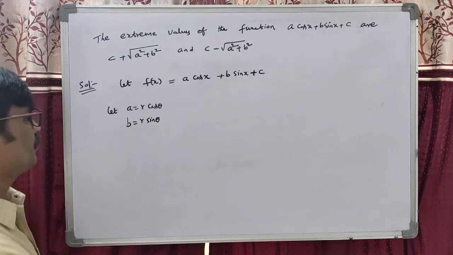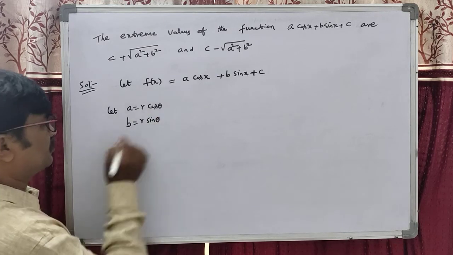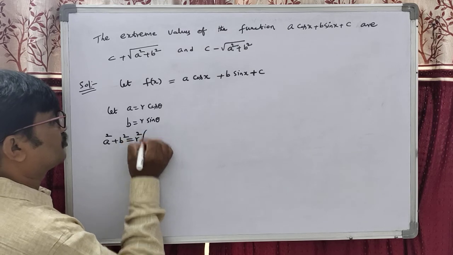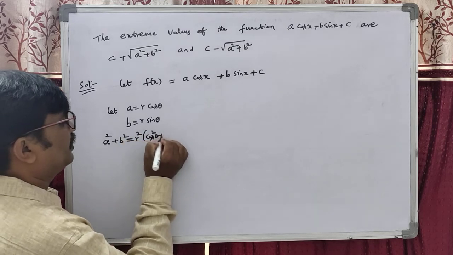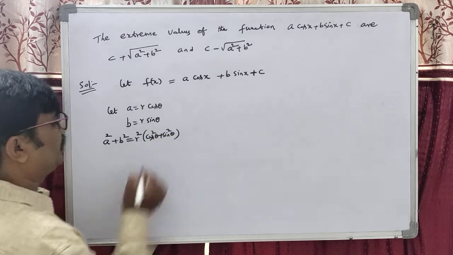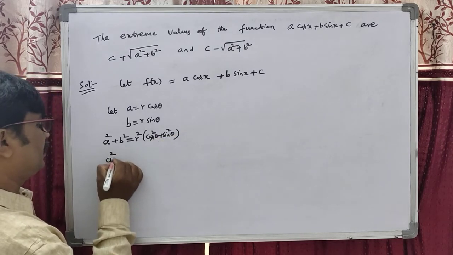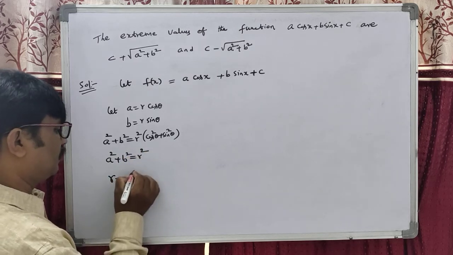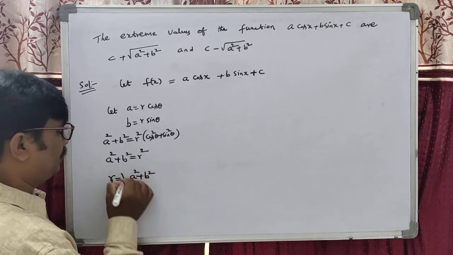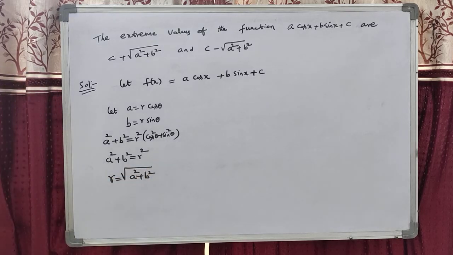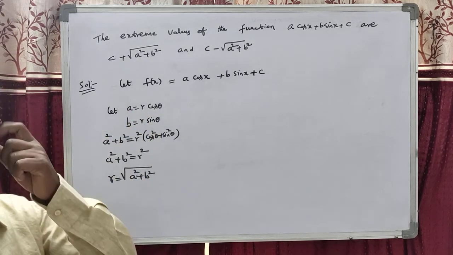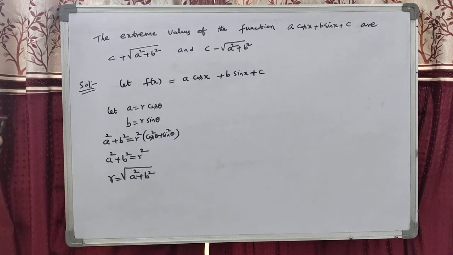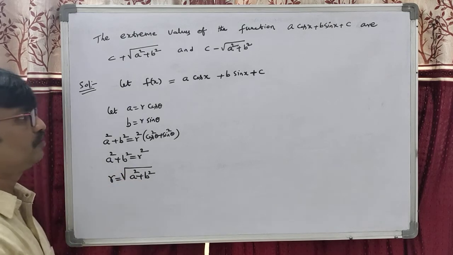Then a square plus b square is r square into cos square theta plus sin square theta, so a square plus b square equals r square. Therefore r equals root of a square plus b square.